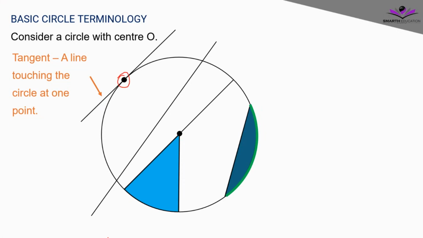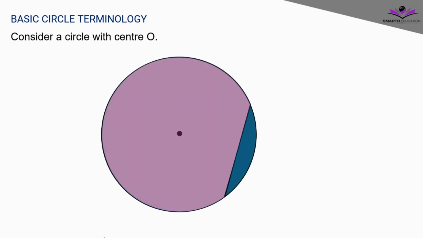That's a tangent. And then if we check the chord, this is the chord. The chord divides the circle into 2 segments. We have a smaller one and a bigger one. The smaller one is called the minor segment. The bigger one, the whole purple region, is the major segment.